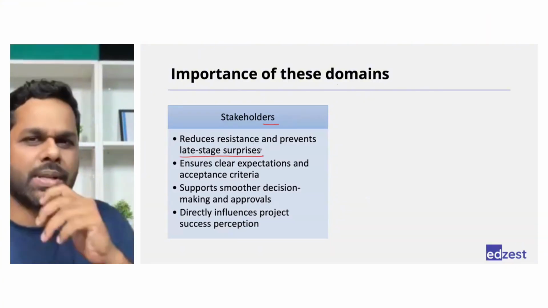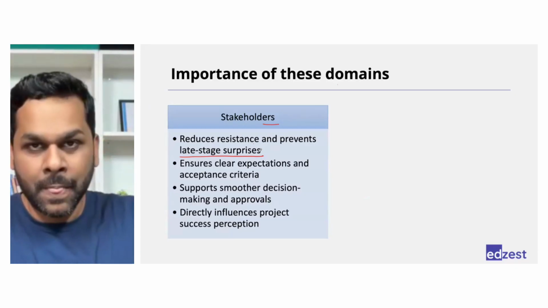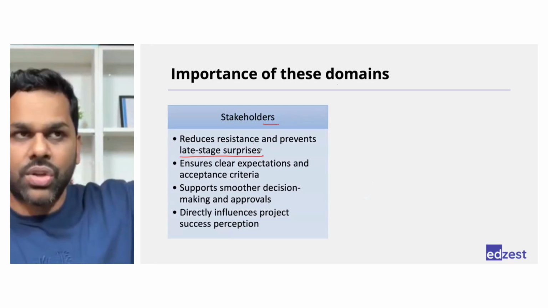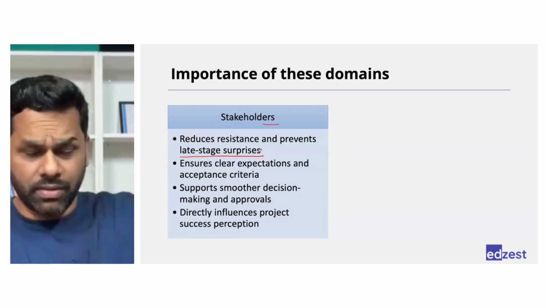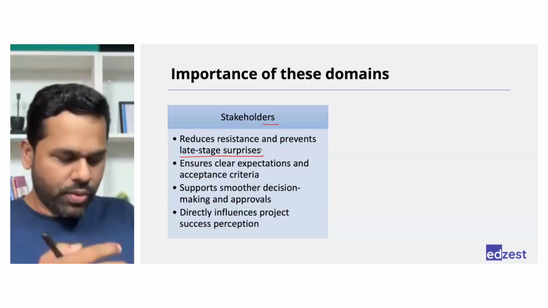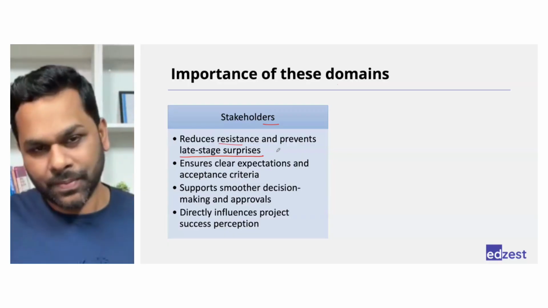Most of the time, what happens in the project? A customer would want you to provide something. They might ask for change. They might not be happy about something that you have done. So there will be resistance created whenever you are completing the work if the stakeholder wanted something else. If you can keep the stakeholders engaged, you will be able to reduce such resistances.